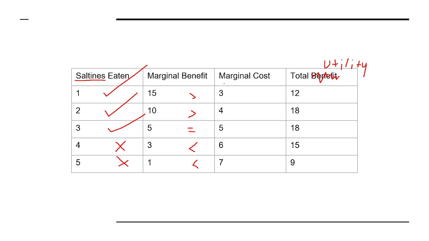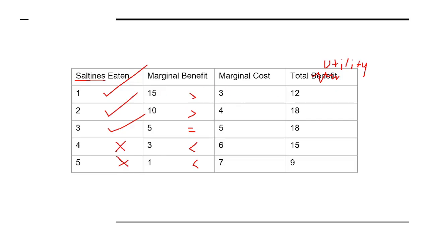So if we take a look at this first saltine cracker, the marginal benefit minus the marginal cost was 12, right? 15 minus 3 is 12. So our marginal utility for that one was 12. And then we take a look at the second saltine, the marginal benefit minus the marginal cost, 10 minus 4 is 6.